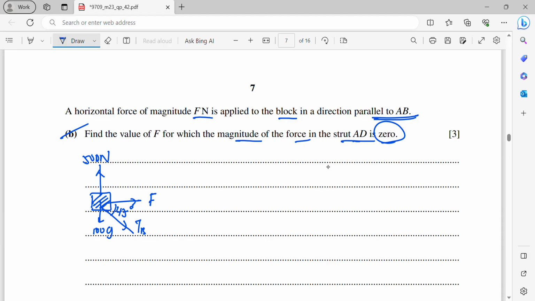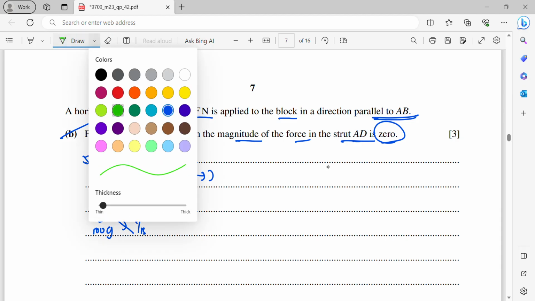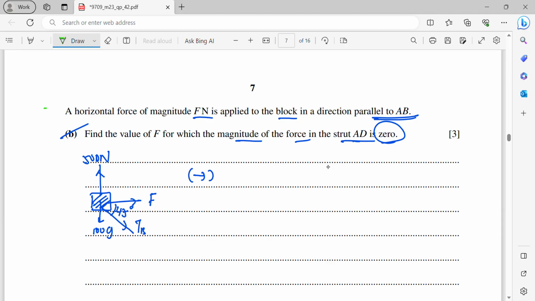Now I have to resolve horizontally and vertically. When I resolve horizontally, this TB resolves to the right side. That means you will have two forces pointing right hand side, and no force pointing left hand side. So F plus TB cos 45 degrees equals to 0.